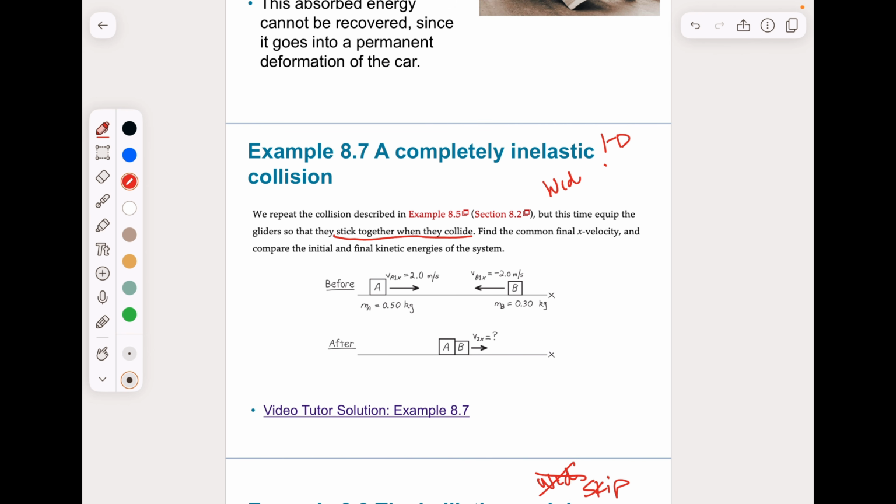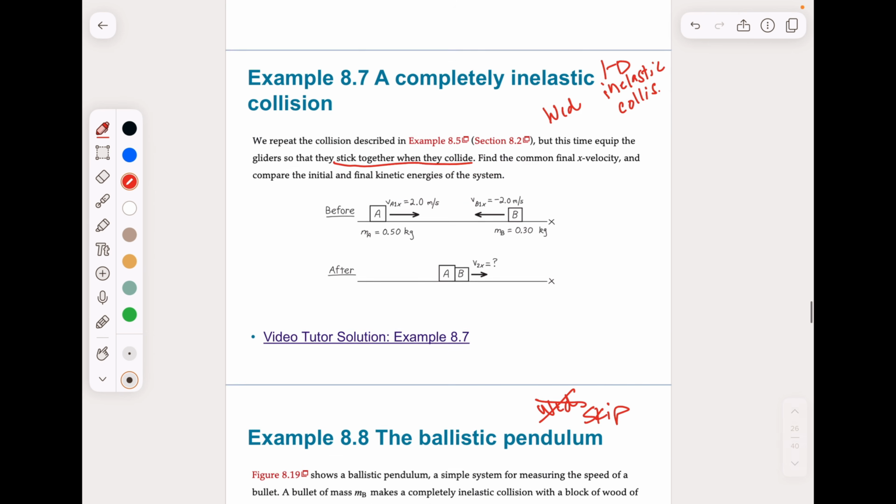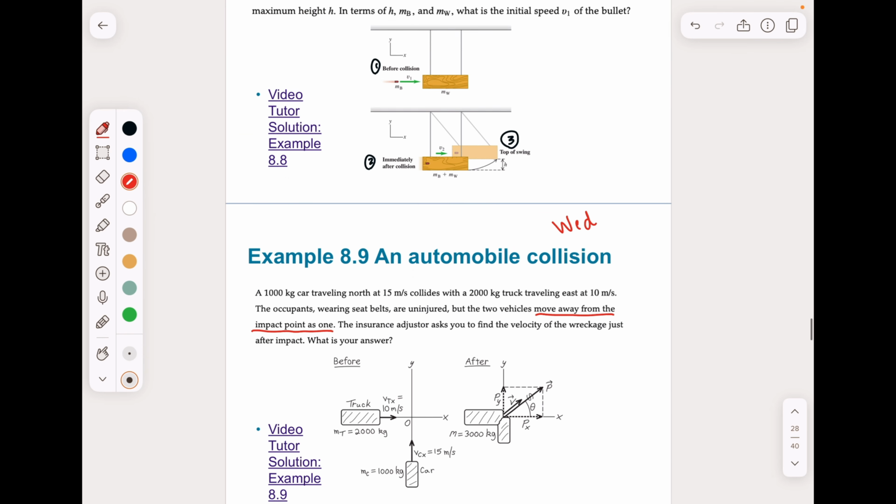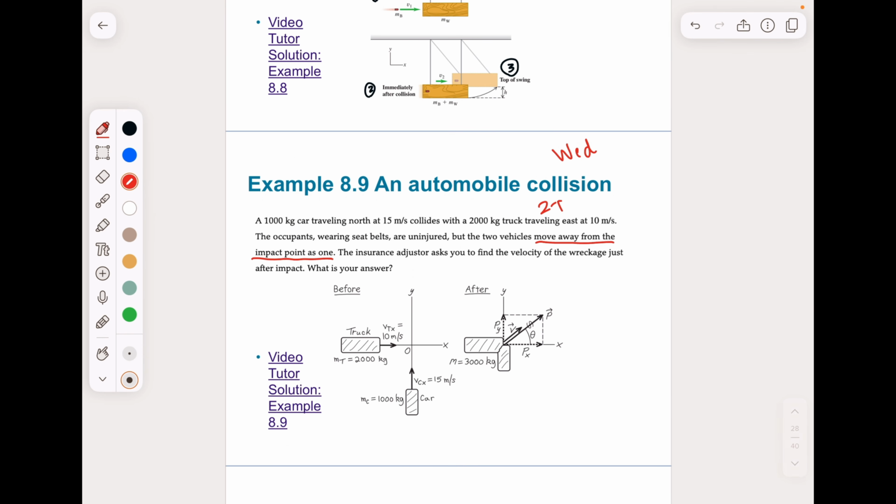This is a 1-dimensional inelastic collision problem because the objects stick together. It's actually a completely inelastic collision problem, 1 dimension. This is a 2-dimensional inelastic collision problem. Okay, so let's tackle that.